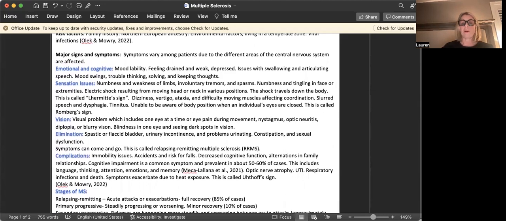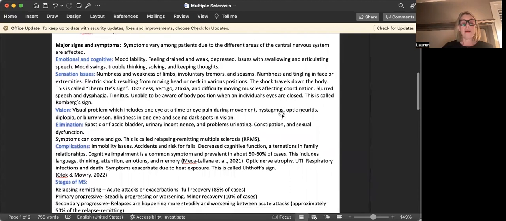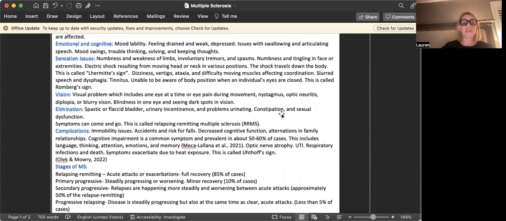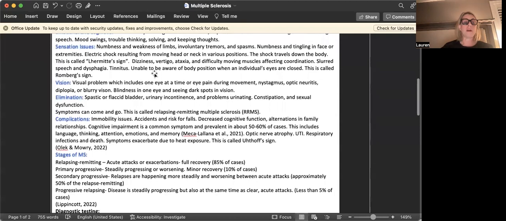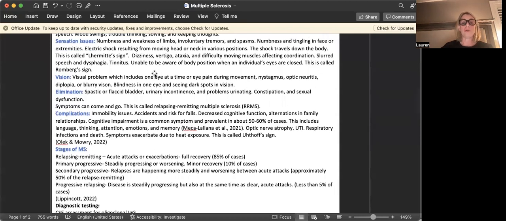Symptoms will vary among patients due to different areas of the central nervous system that are affected. There is emotional cognitive, as you can see. I won't read through all of these, but feeling drained, weak, depressed, having difficulty articulating words and speech, mood swings. Some sensation issues are numbness and tingling in the face or extremities.